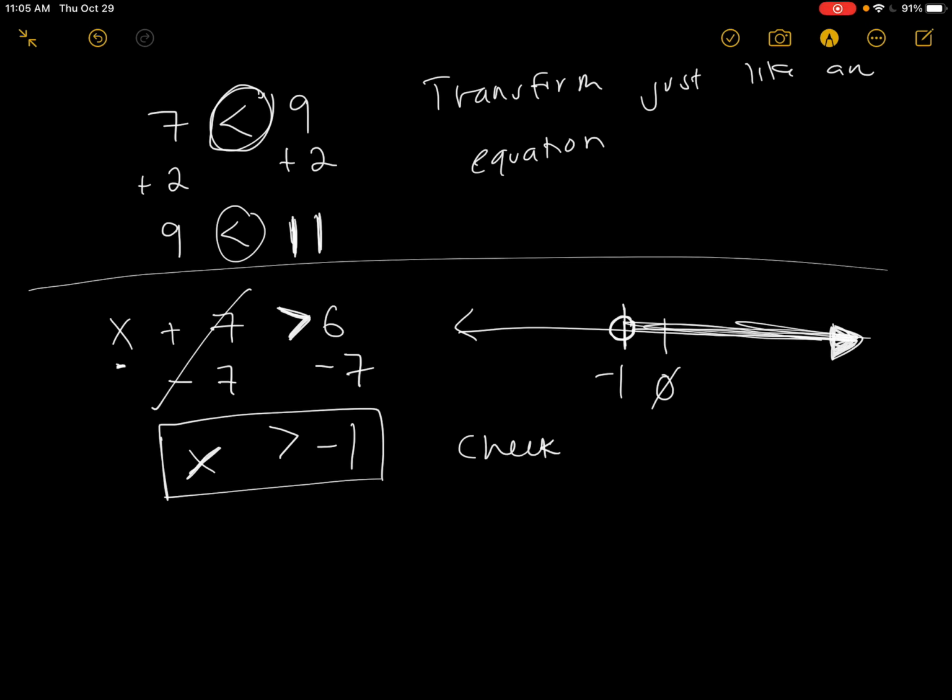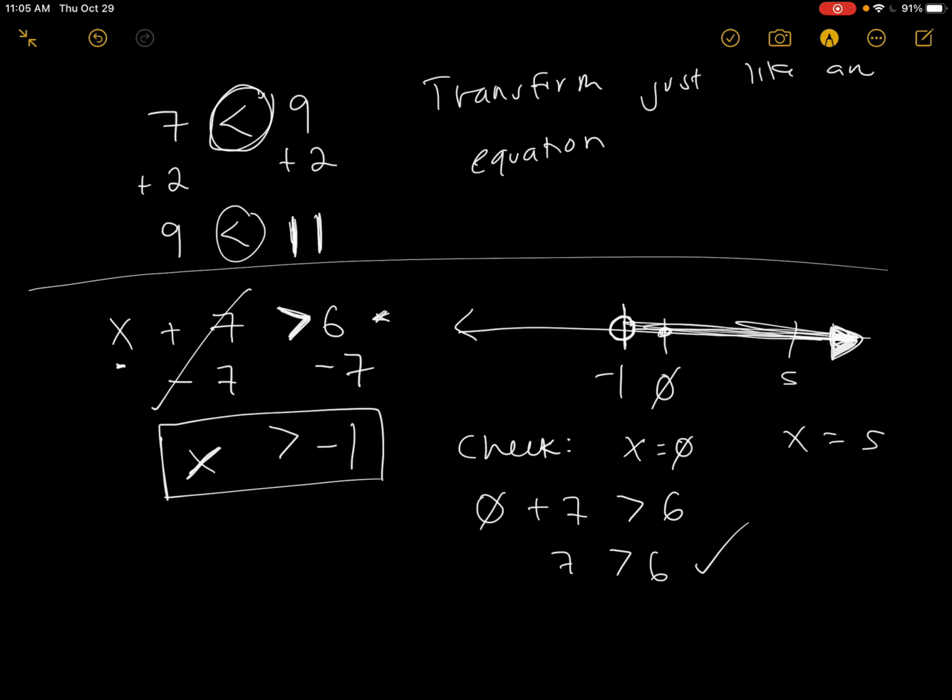And you can check this. If you want to check, you can just plug in any number. Let's check if x is equal to 0. 0 plus 7 greater than 6. I'm plugging it into the original inequality. Is 7 greater than 6? Yes, it is. And you can check multiple.